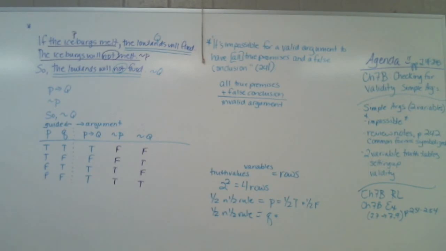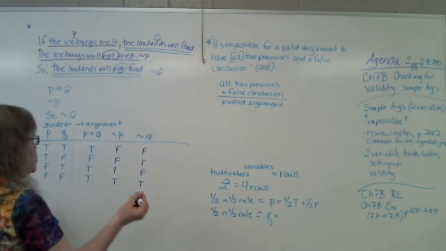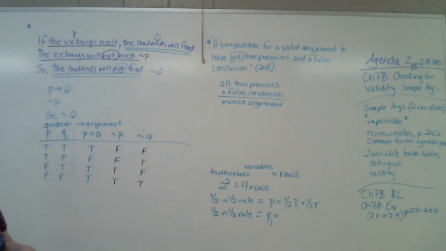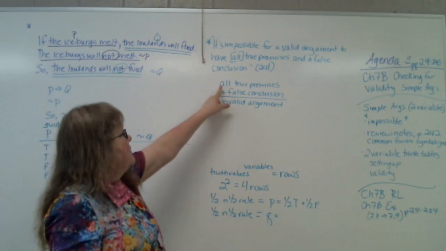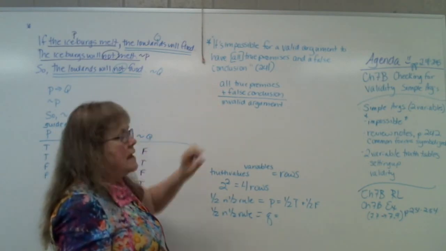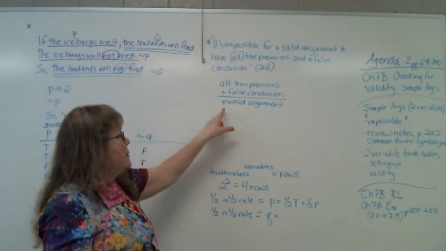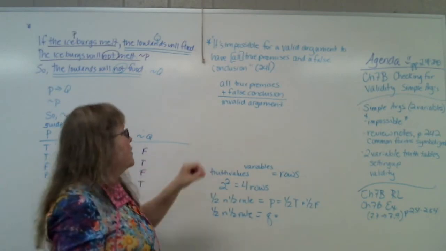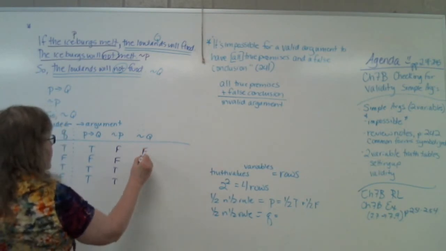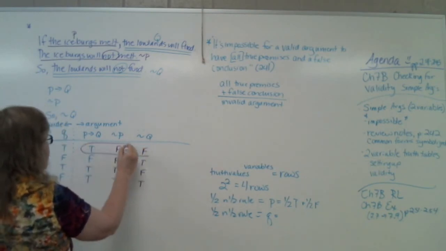Okay, again, not too horrible. I have two false conclusions. Remember, I really only have to look at my false conclusions and see if they have all true premises. If that never happens, then I have a valid argument. If it does happen, even once, I have an invalid argument. So this one, and I'm just looking at the premises.